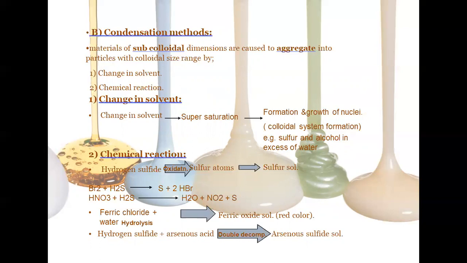Examples are sulfur in alcohol added to excess water. Then chemical reaction, I have already told: by oxidation we will get the sulfur sol. By reduction we will get the gold, silver and platinum sols. By hydrolysis, we will get the ferric oxide sols, and by double decomposition, we will get the arsenic sulfide sols.